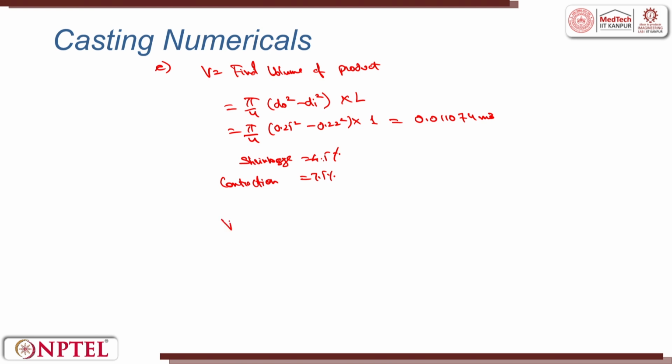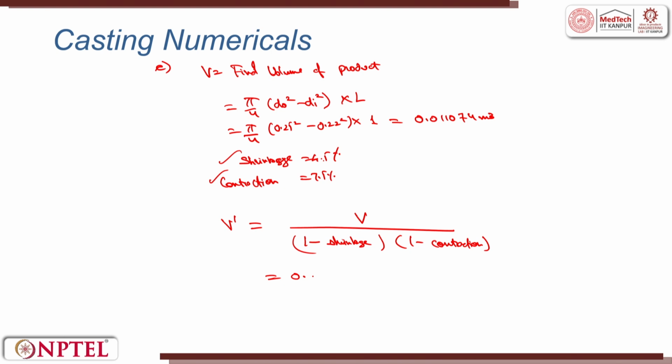So, V dash, that is the desired volume that should be poured into the mold to make the casting, considering both shrinkage and contraction, would be equal to the volume V that we have calculated, the final volume that is required, and the shrinkage and contraction have to be compensated. That means we will say V divided by 1 minus shrinkage into 1 minus contraction.